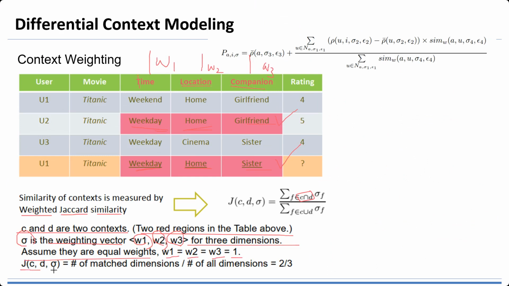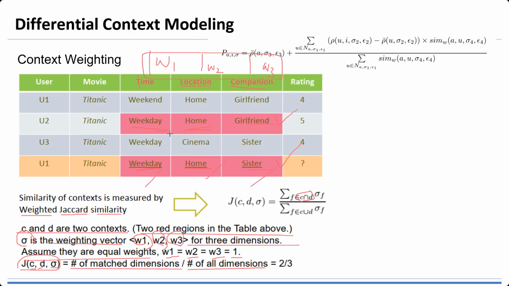So the Jaccard similarity of C and D, and tau, is the number of matched dimensions divided by the total of all dimensions. I have 3 dimensions: time, location, and companion.